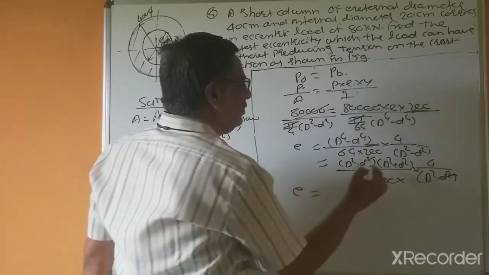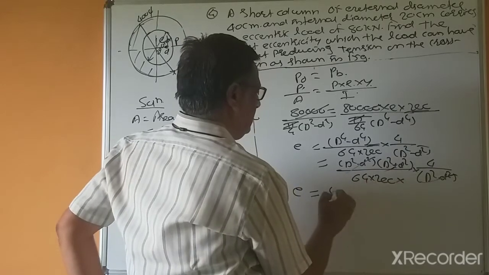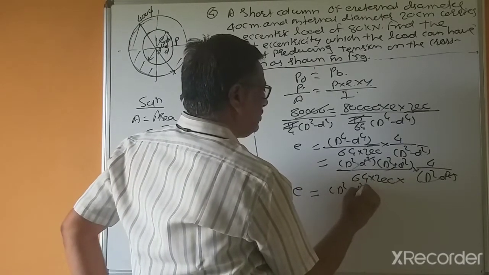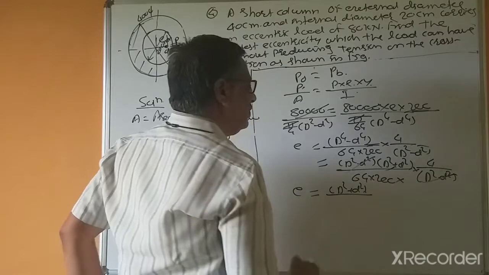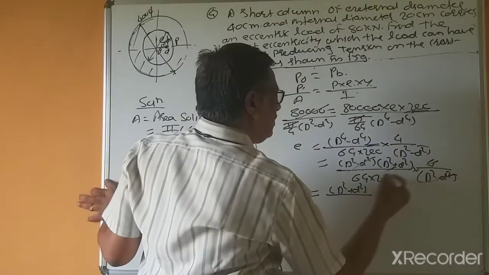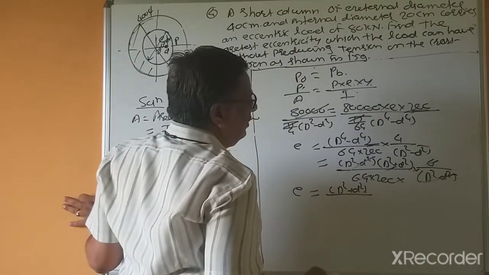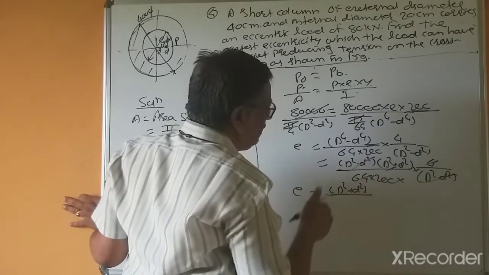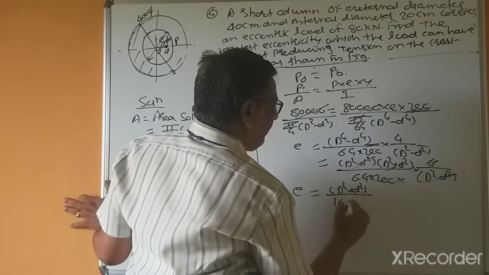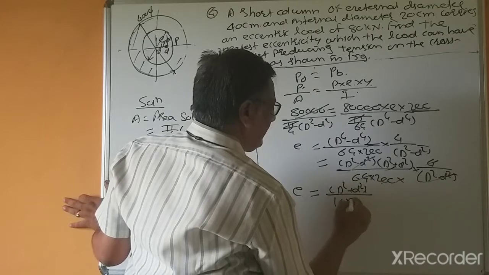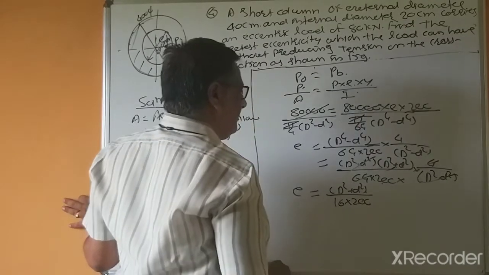Now E equal to capital D square plus small d square, into this 4 and this 64. 64 by 4 means 16, and 200.